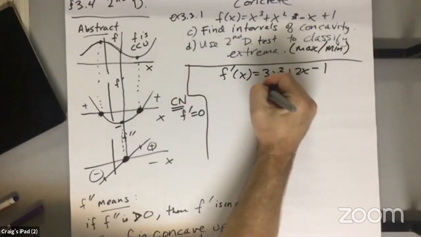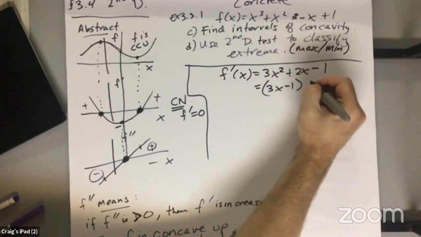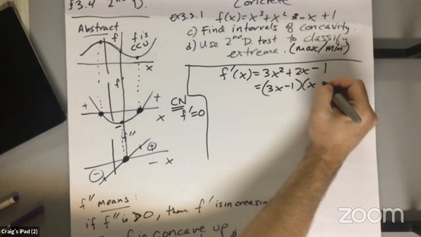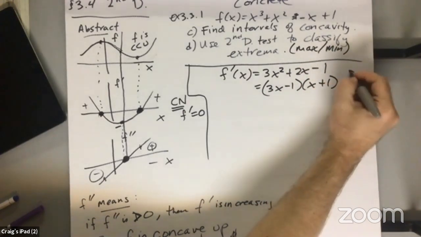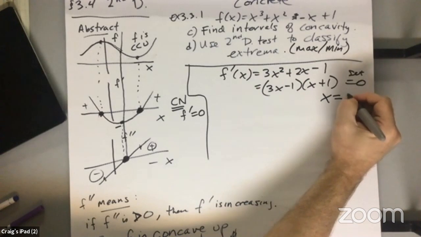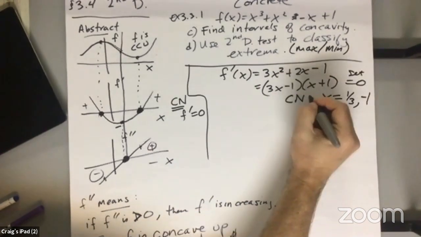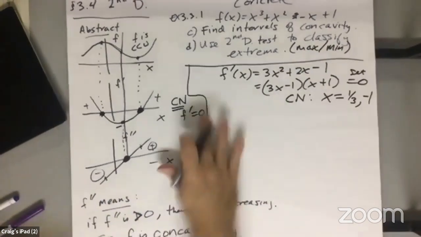So I'm going to factor that just like we did last time. It was 3x minus 1 times x plus 1. I set that equal to 0, and I get x equals 1/3 and minus 1 as my critical numbers. Okay, so that's what we did last time.